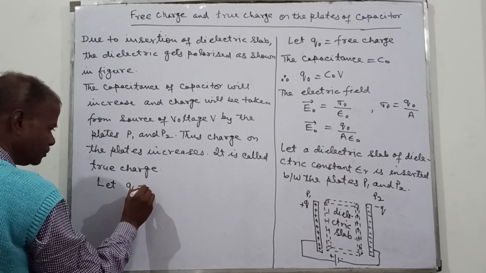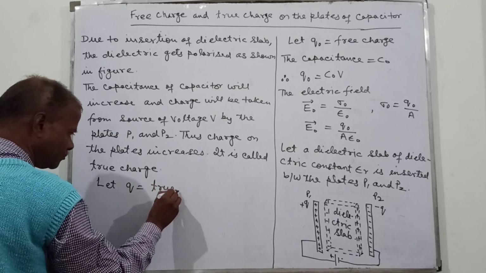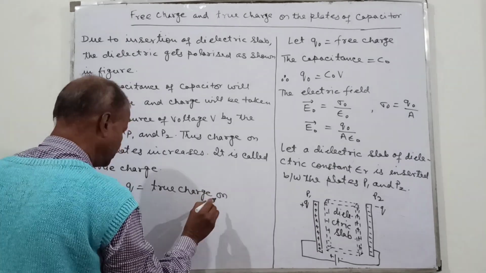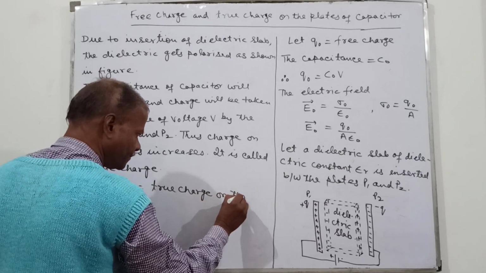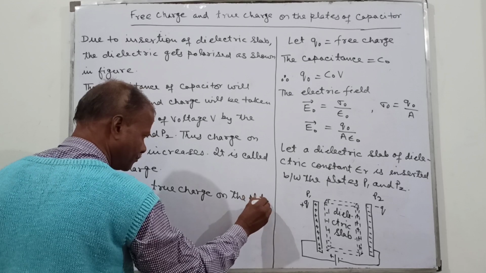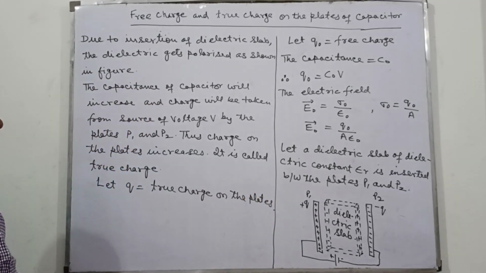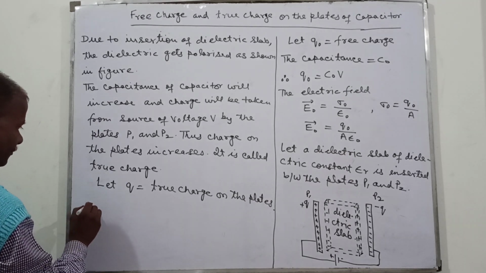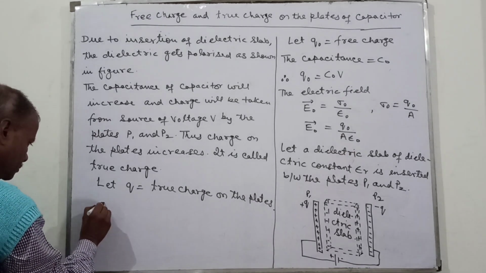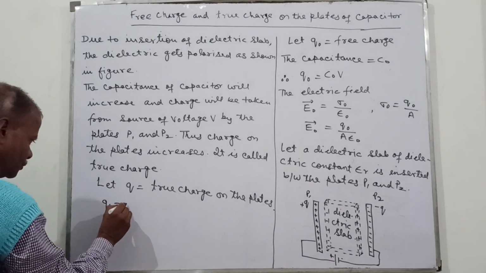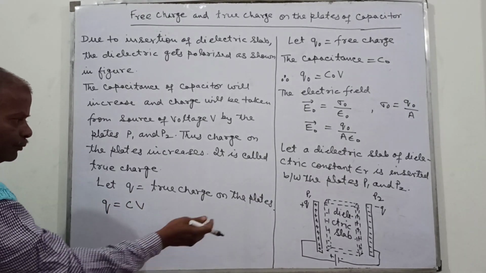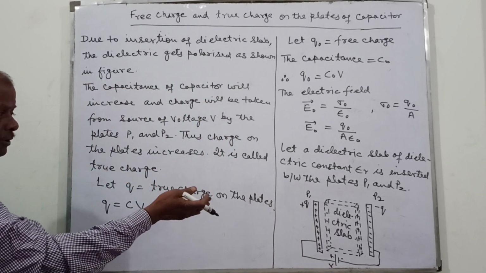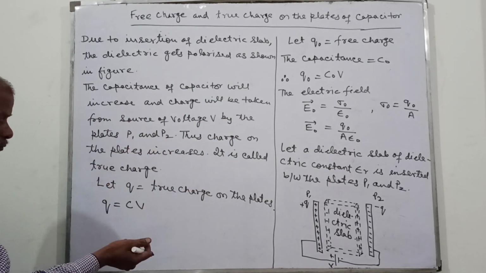So now let Q equal to the true charge on the plates. So now the charge Q will be how much? Q equal to C into V. The voltage will remain the same because this source is in contact with these plates P1 and P2.